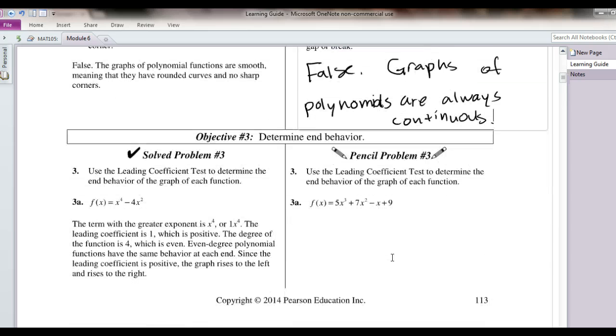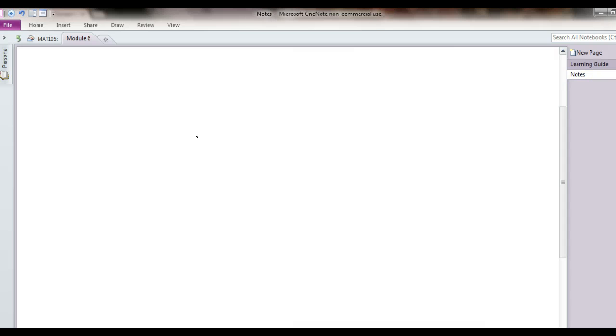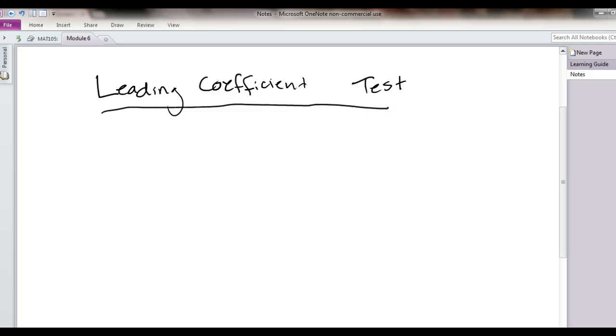So the next thing, it talks about the leading coefficient test. And so let's look at a few things there. Basically, the leading coefficient test basically says all you have to do is look at the biggest power and the number in front.